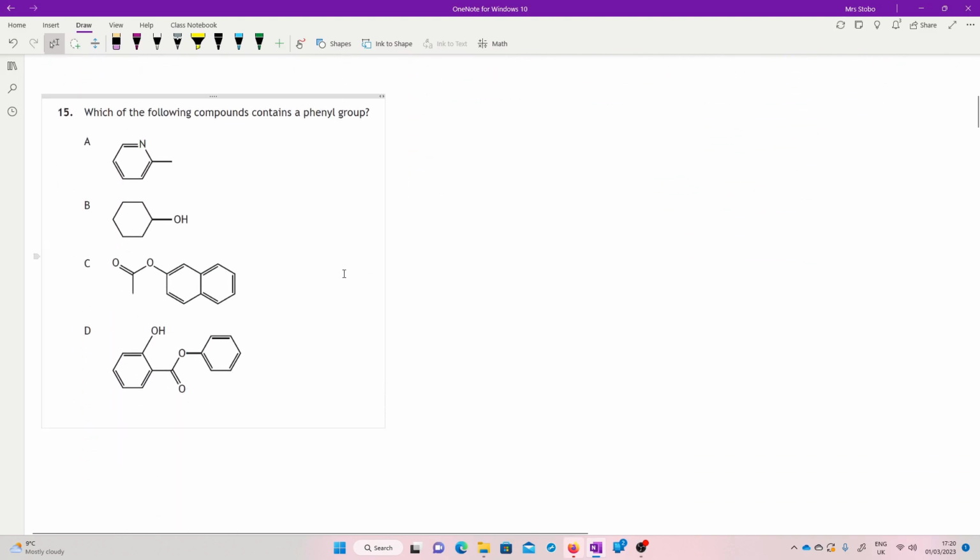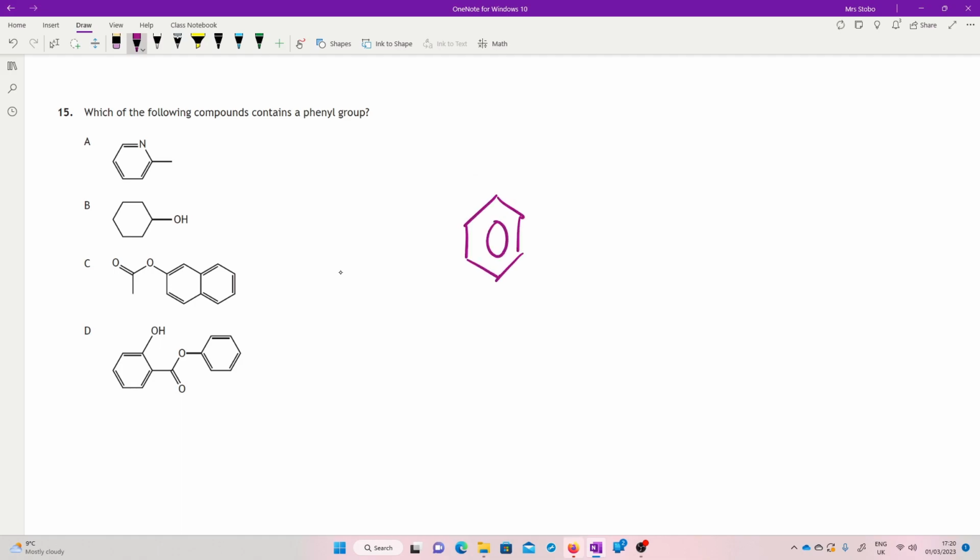Question 15, and this is just a reasonably straightforward one. Which of the following contains a phenyl group? So phenyl is where you have benzene, which is either shown like this or occasionally shown with the double single, where you have taken one of the hydrogens, because remember every single one here has a hydrogen attached.